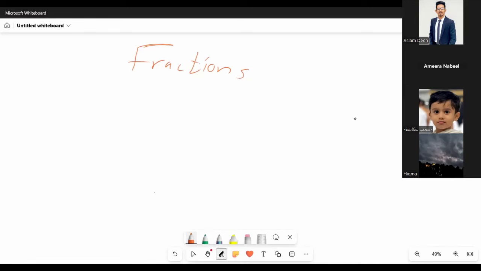Is it all good now, Rushdi? Okay, great. So the chapter we have to discuss today is fractions. And as a very basic question, can anyone tell me what actually a fraction means? What's the purpose of learning fractions?